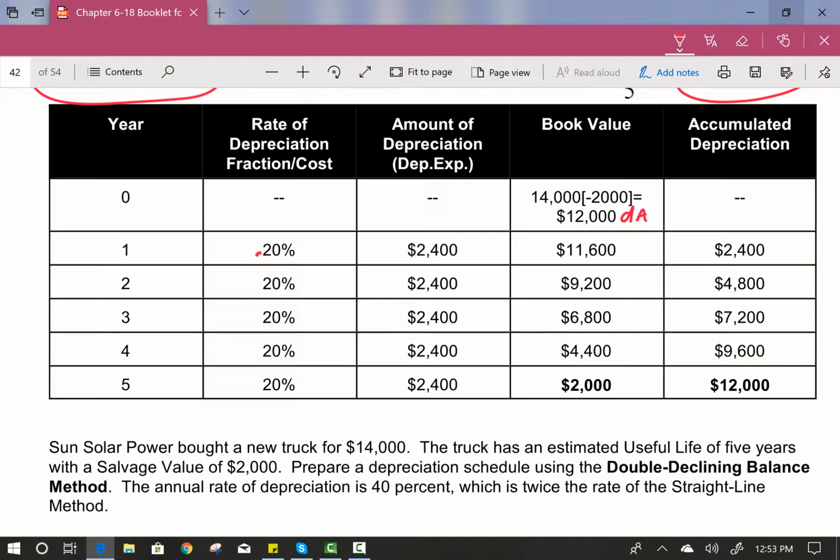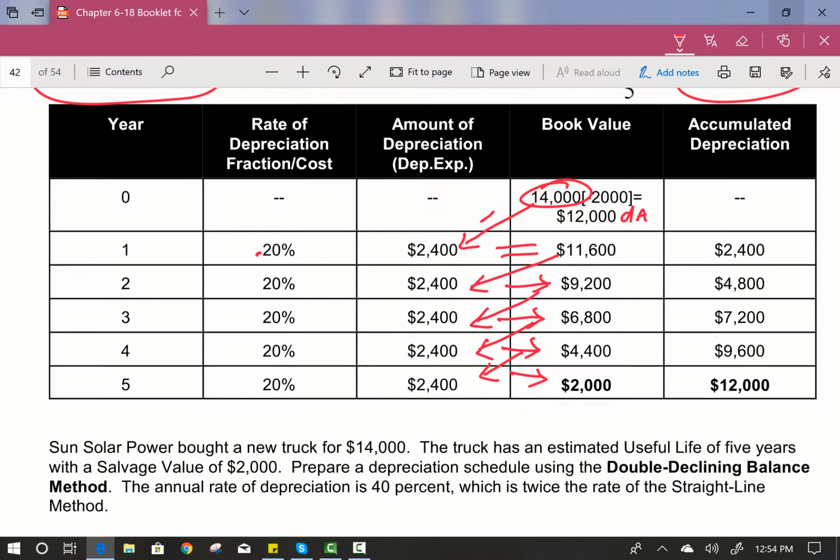So what I can do is start with $14,000 right now and then subtract out $2,400, which equals $11,600. Then 11,600 minus 2,400 equals $9,200. 9,200 minus 2,400 equals $6,800. 6,800 minus 2,400 equals 4,400. 4,400 minus 2,400 equals 2,000.